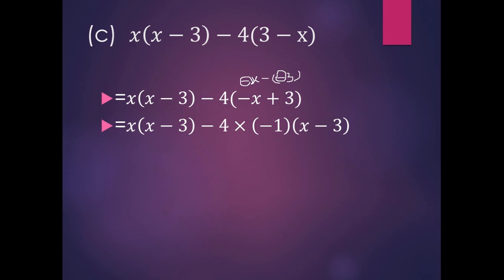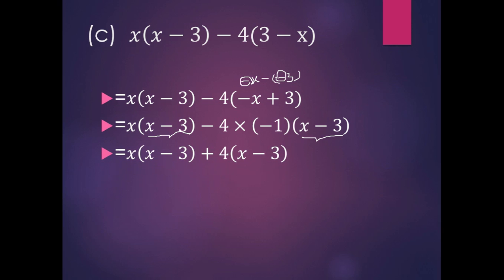This minus 1 is common here, and from this also minus 3 means minus 1 times 3, so minus 1 has already come out, so what remains is x, and here remains minus 3. So x minus 3. Now here we have x minus 3 in this case, and also x minus 3 in this case.